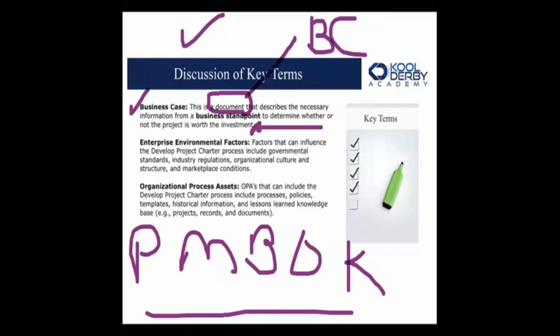All right. Now, enterprise environmental factors. The way that I want you to remember this is that most of the time, okay, I said most of the time, these are factors that we cannot control.